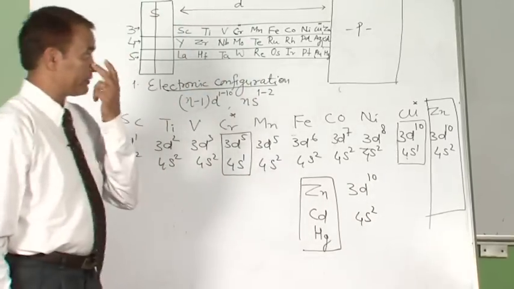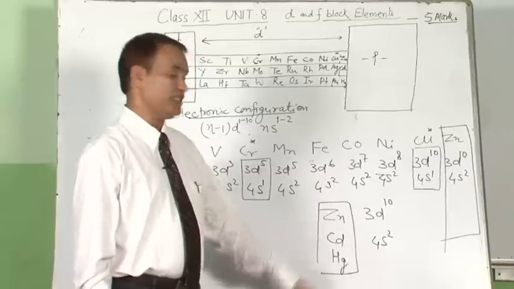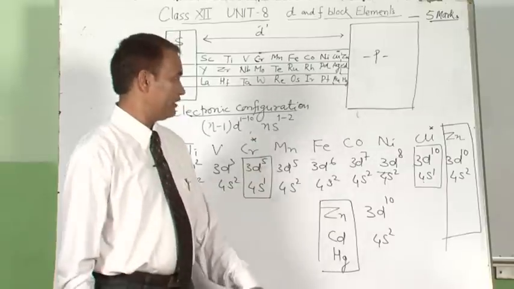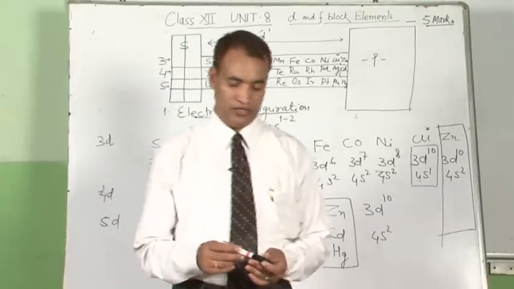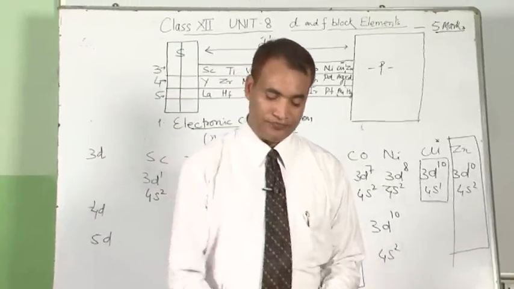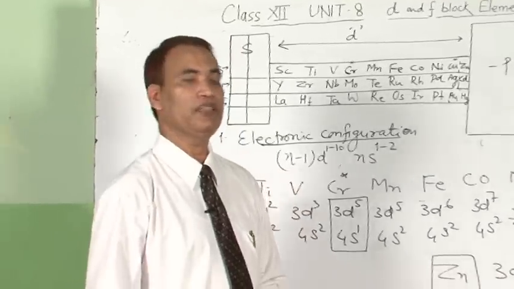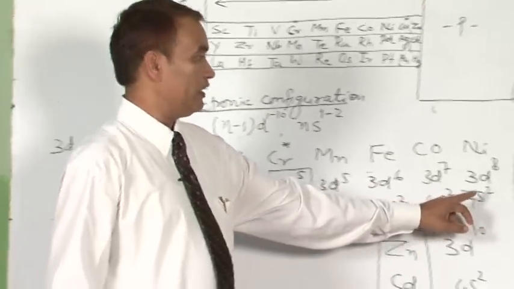Now the question is asked: why are these three elements not considered transition metals? Before discussing that, we must know what transition metals are. The transition metals are the elements having incomplete d orbitals. In all these, we will find incomplete d orbitals in their atomic state.